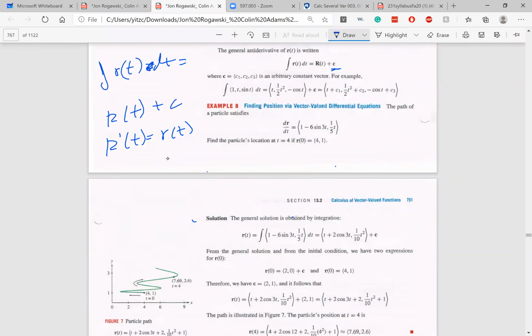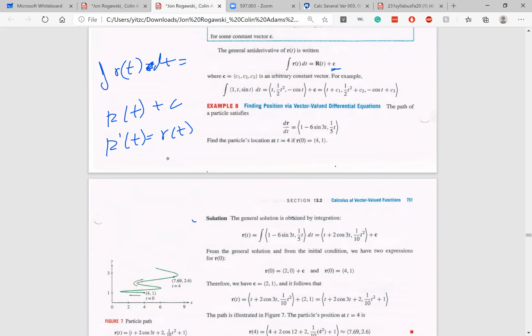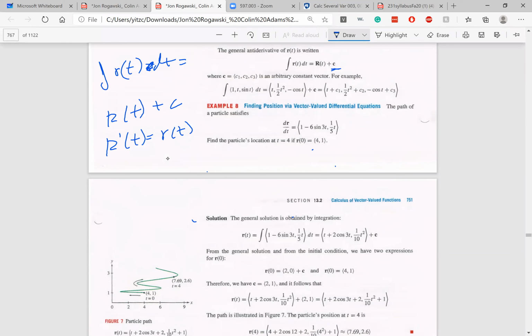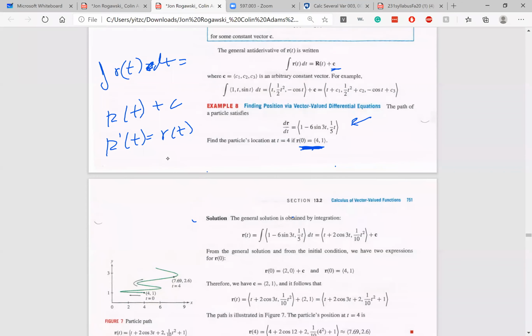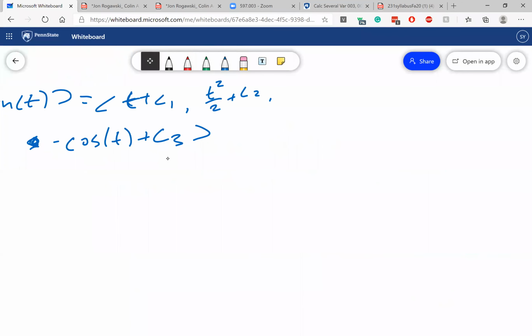Now they tell us the path of a particle satisfies this derivative over here, so that's its velocity at different points. They ask us to find the particle's location at t equal to 4 if r of 0 is equal to 4, 1. This always helps us find the constants. All we have to do is find the antiderivatives and then find what the constants are.